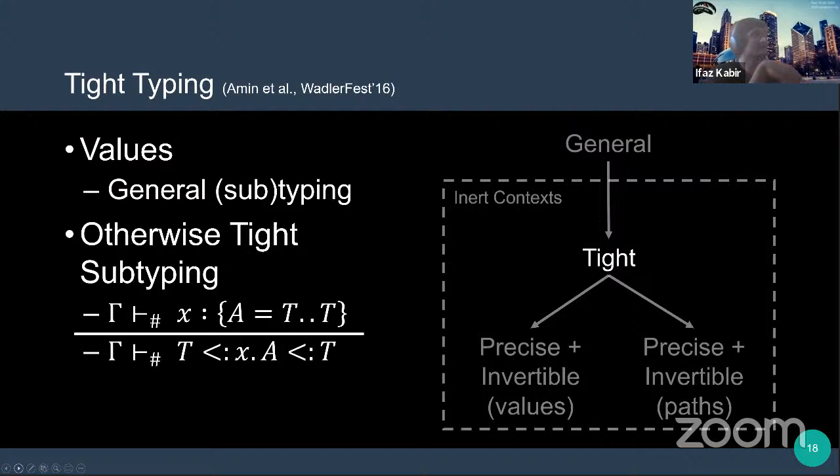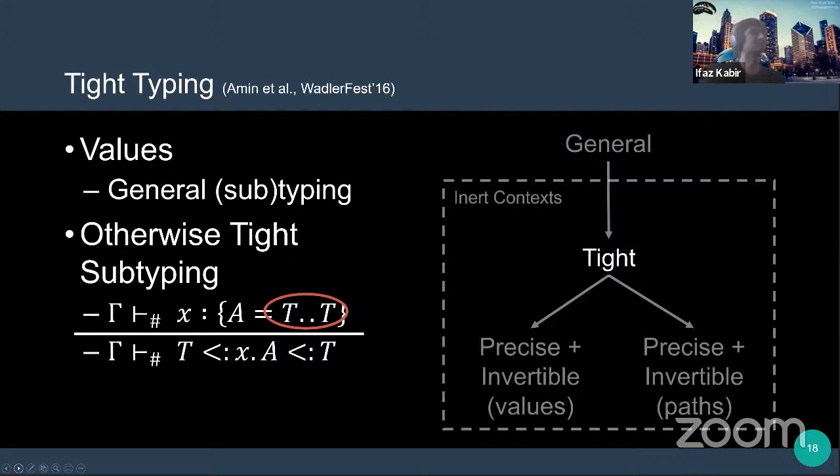This is a less wild subtyping rule where we say that if you have tight bounds, so the upper and lower bounds match on the type of x, then x.A is a subtype and supertype of T. This is the only change we make to the overall typing.